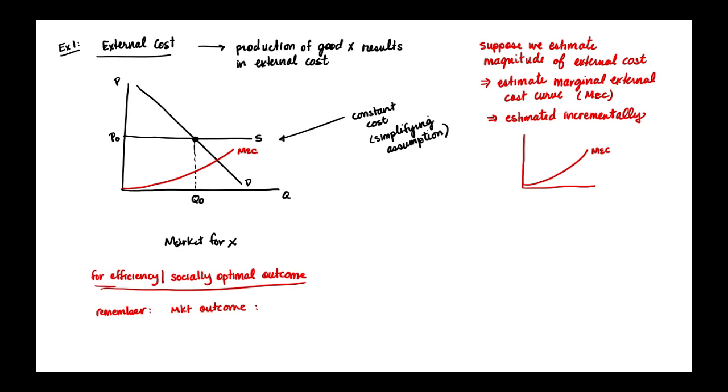In Econ 217, we said we have a market equilibrium at what? Blank equals blank. Supply equals demand, right? But this ignores the externality.